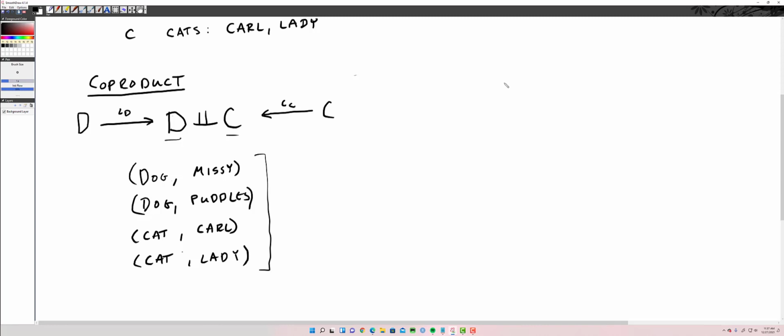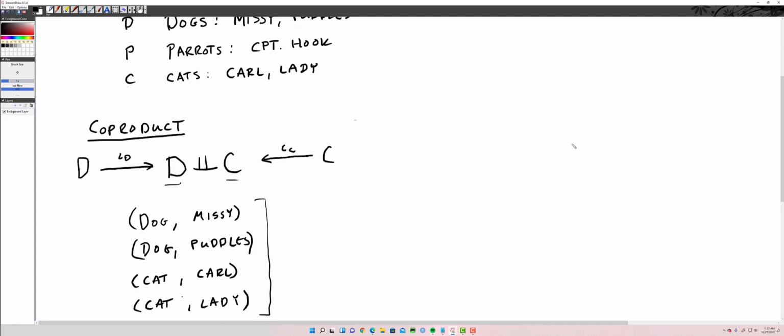Another quick example would be P and C. So we need an inclusion map coming from P and an inclusion map coming from C. We're going to include everything in P. Well, that's just parrot, Captain Hook.